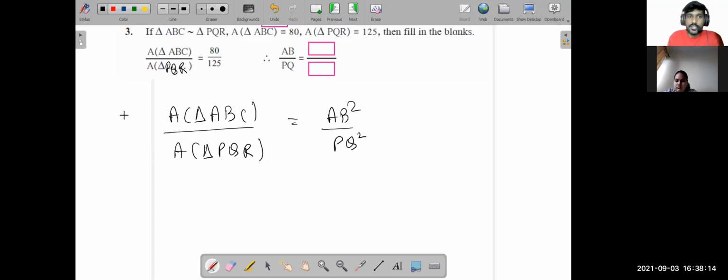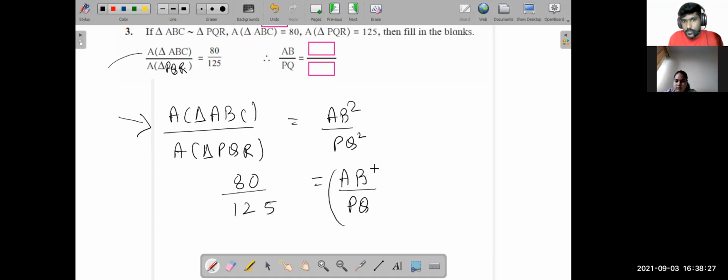Now ABC, this side is given. From here you can substitute. This will be 80 upon 125 equal to AB square upon PQ square. You can write it as (AB upon PQ) whole square. Okay.